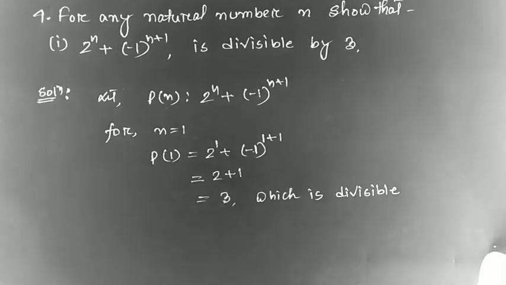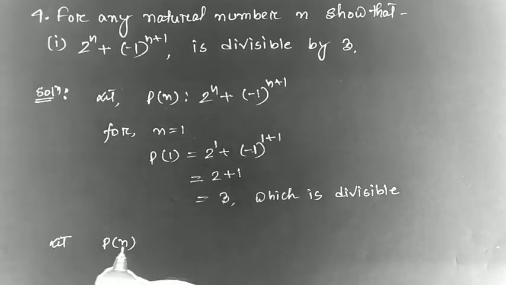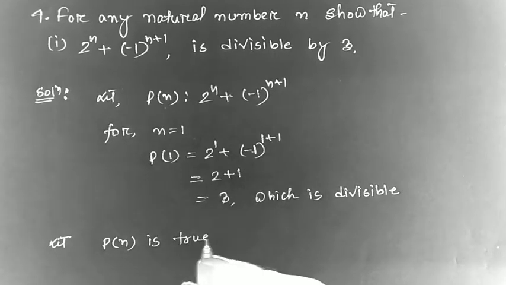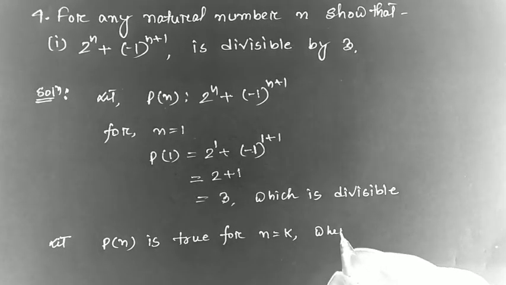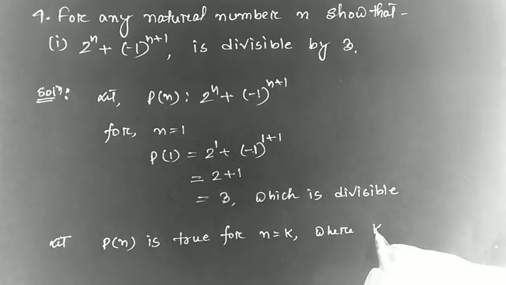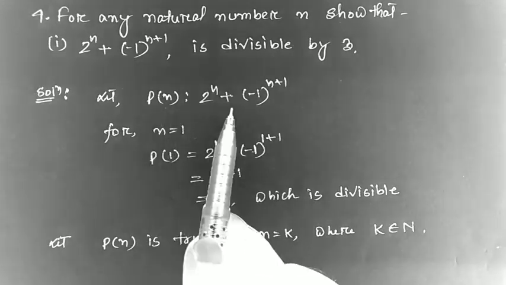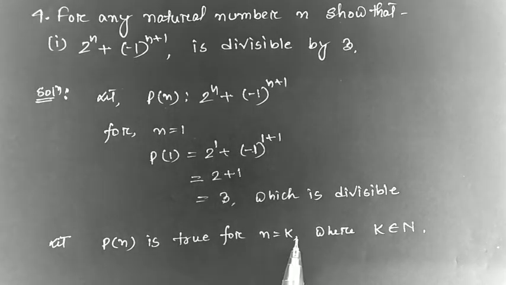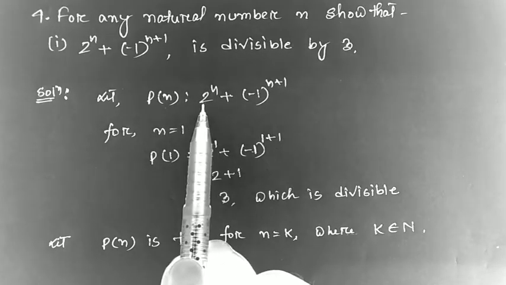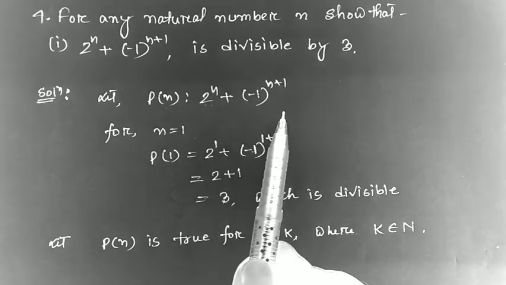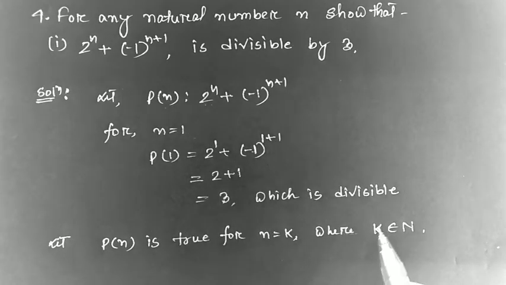So let us assume Pn is true for n equal to k, where k belongs to N. This given statement we have assumed is true for n equal to k, where k is some integer. So Pn will be true for n equal to 2, 3, 4, 5, every natural number. We don't have to consider every natural number, we have assumed it is true for k.